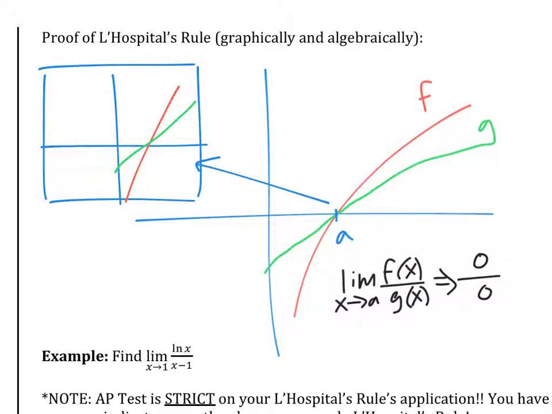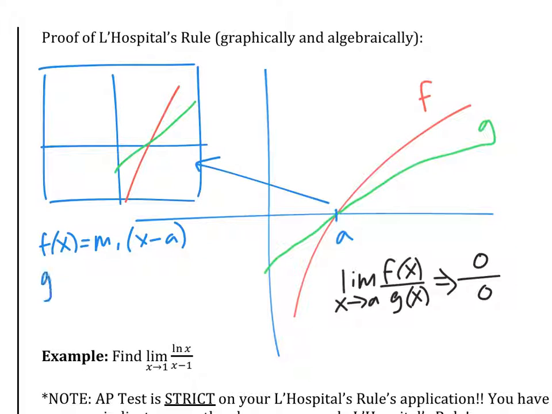So we can use linear approximation and say f is equal to the slope times x minus a. That curvy line, when you zoom in so much, is pretty much like a straight line with that same slope.